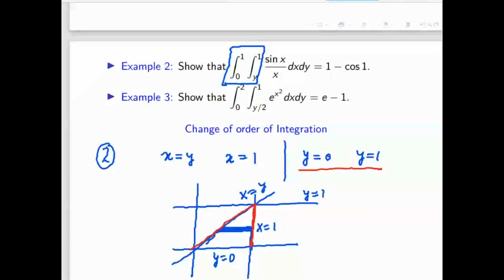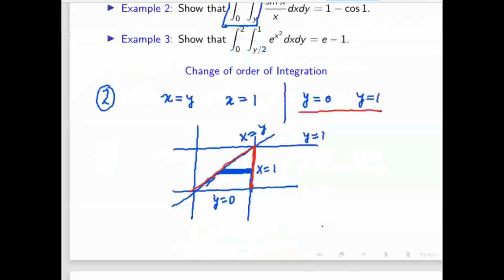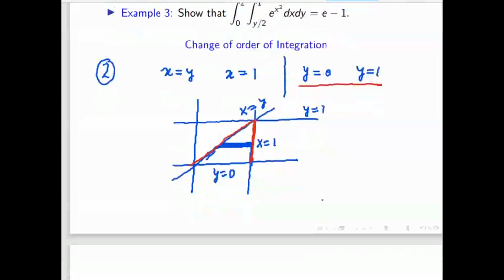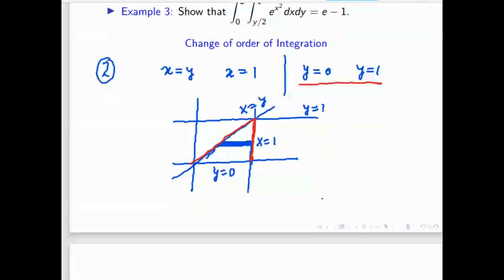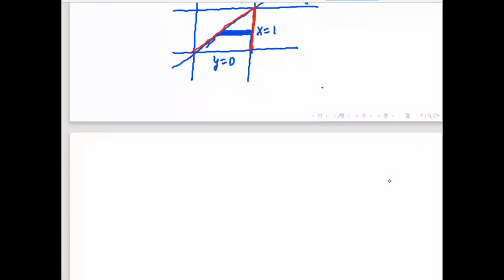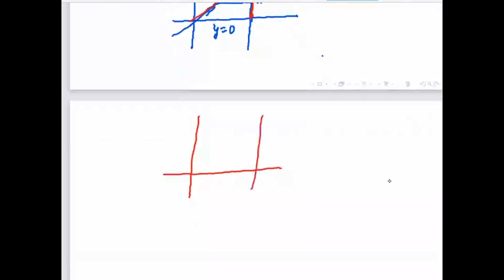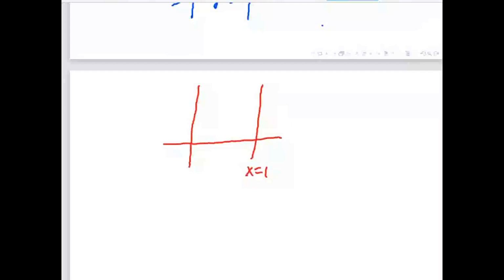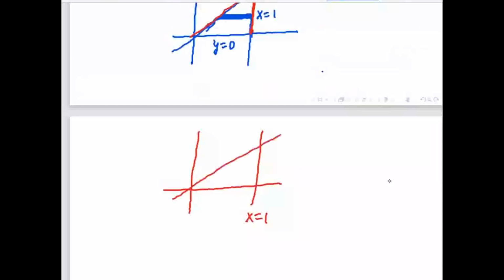Now to change the order of integration, we'll change the strip in the same region. We'll take the vertical strip and then move that strip, and then we will see what the new limits will be for changing the order of integration. Sir, tell again please. Yes, I will explain, don't worry.